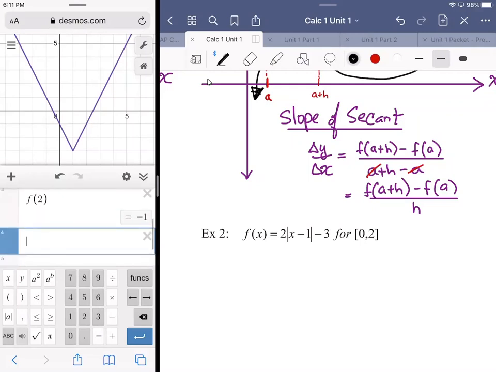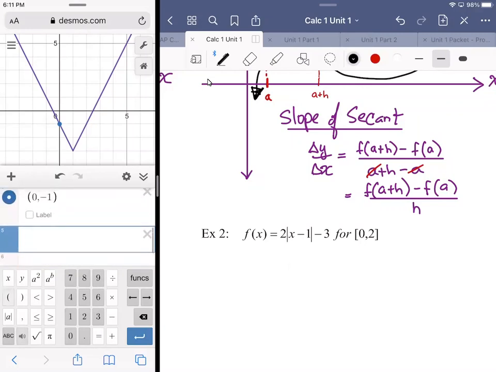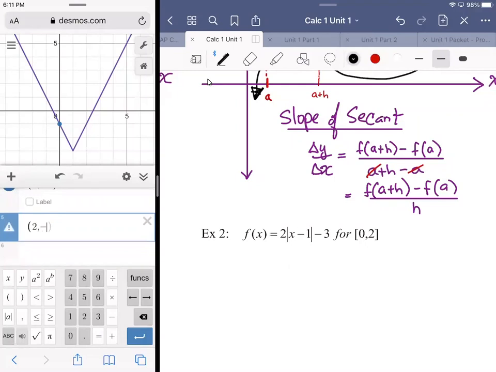So I'll plot that point. At the x value of 2, I have a y value of -1 also. And so what we notice here is the two bounds are actually on different pieces of the absolute value function.